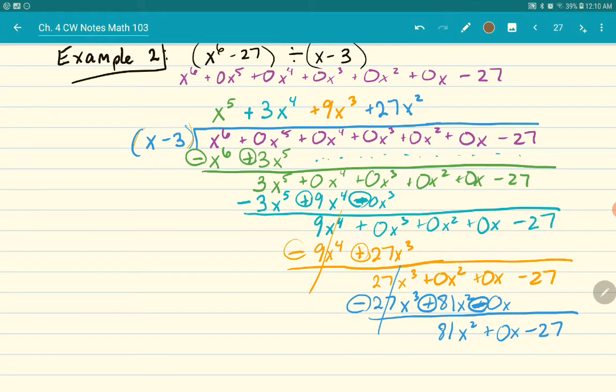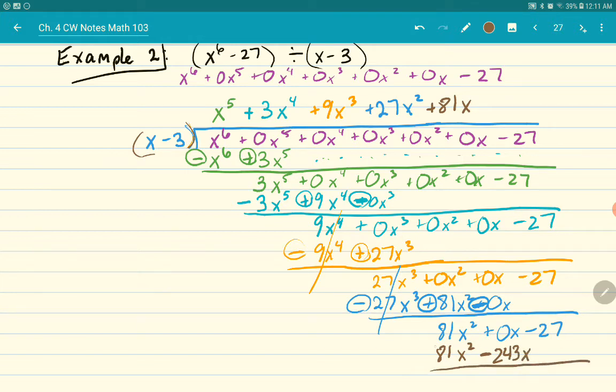So now I want to ask myself, what times x is going to give me 81x squared? And that's 81x, so I add 81x, and then I multiply 81x times x minus 3, and I get 81x squared, and then 81 times 3, that's 243, and that's 243x, so that's going to go in the x under the x, 243x, and it's negative.